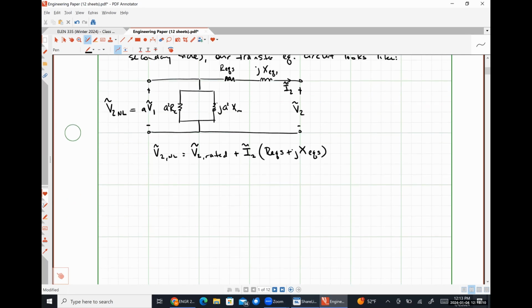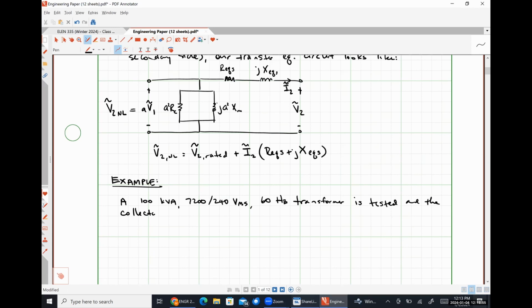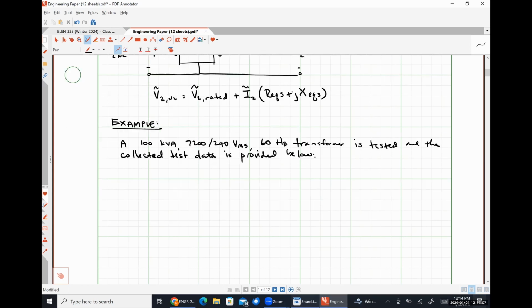So let's say that we have a 100 kilovolt ampere rated, 7,200 to 240 volt RMS, 60 hertz transformer that is tested, and the collected test data is provided below.